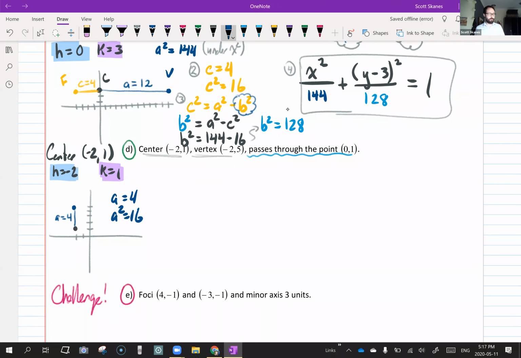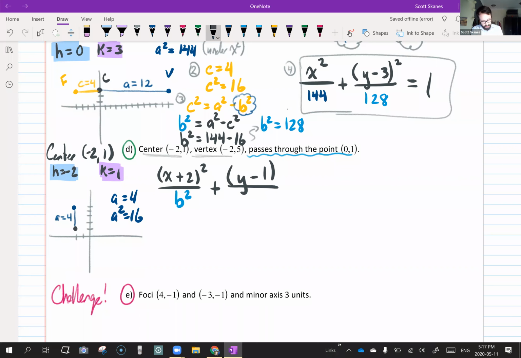Now, I don't know B. Just bear with me for a second. Try not to jump ship like a few of you are already leaving. X plus 2 squared. I know this is stretched in the y direction, so under this is going to be B squared, and I don't know B squared. Plus y minus k, and k is 1, over A squared.